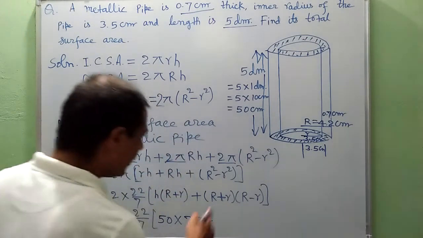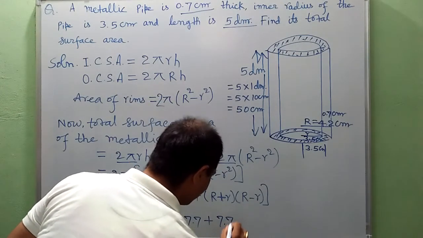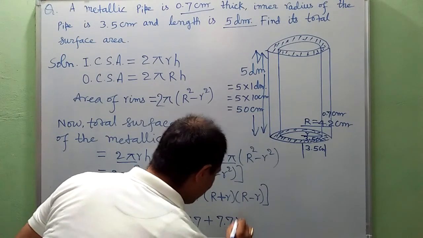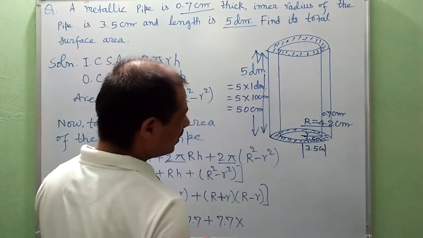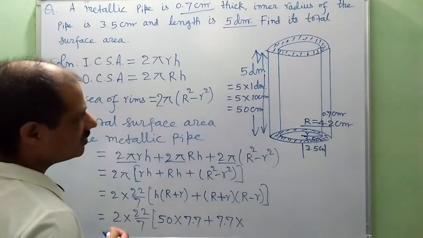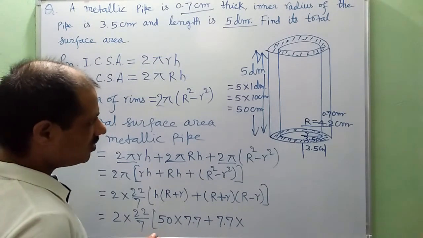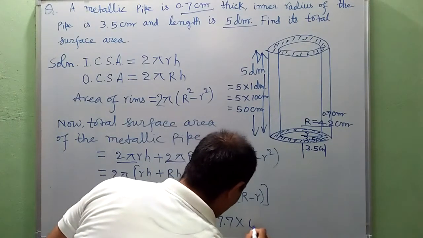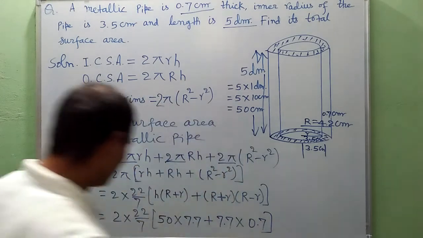Plus this part will also be 7.7, and this part will be R minus r, that is 4.2 minus 3.5, that is 0.7, which is equal to its thickness.